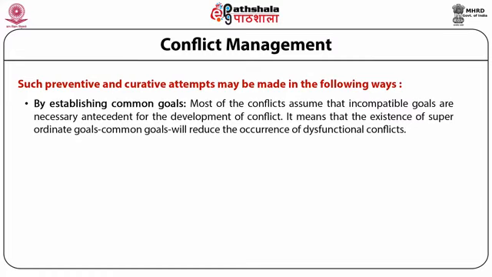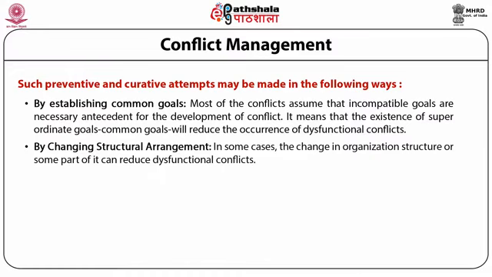Most theories of conflict assume that incompatible goals are necessary antecedents for the development of conflict. It means that the existence of superordinate goals, common goals, will reduce the occurrence of dysfunctional conflict.